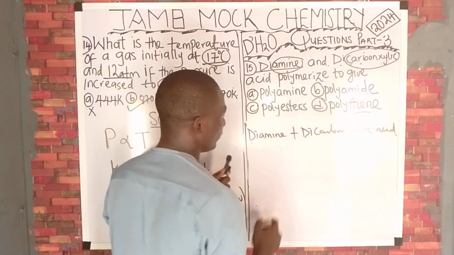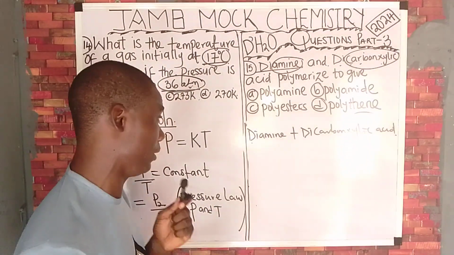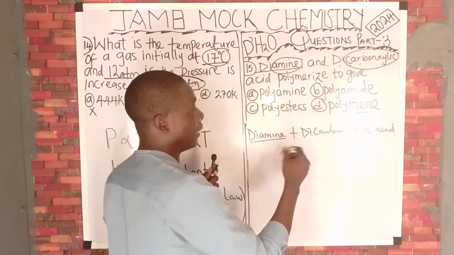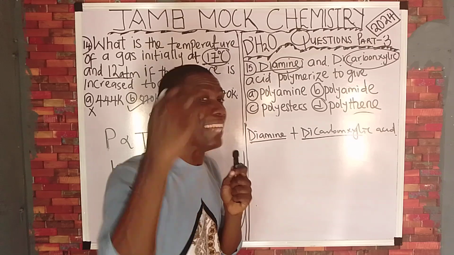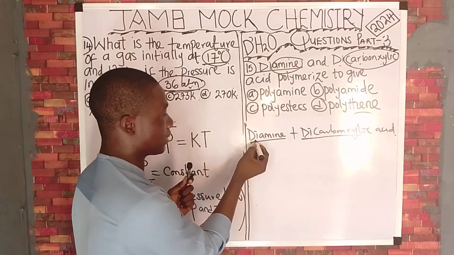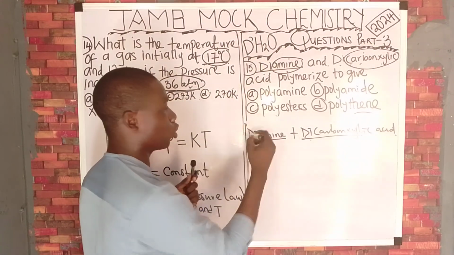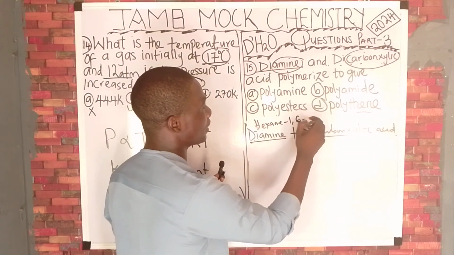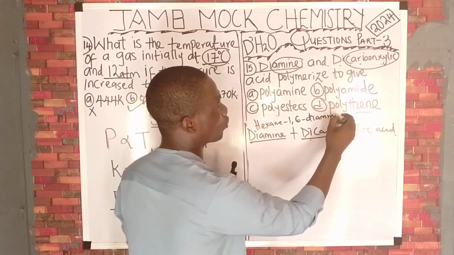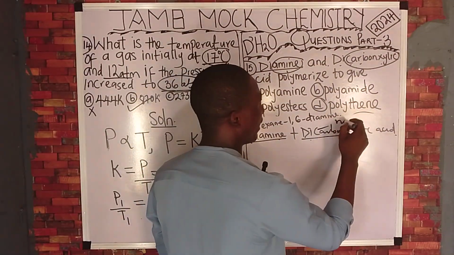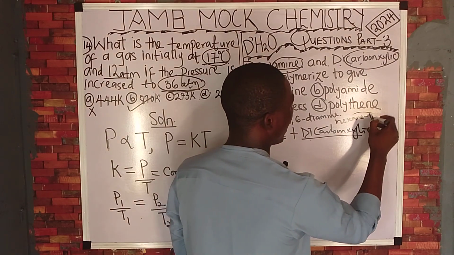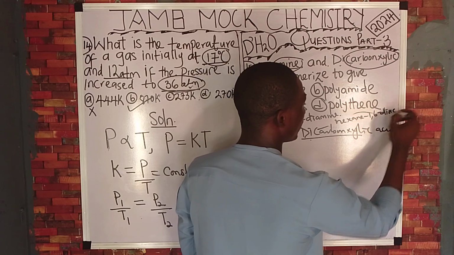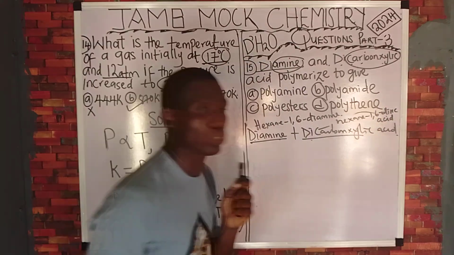When you combine hexane-1,6-diamine and hexane-1,6-dioic acid, because di means two, what we have is hexane-1,6-diamine for the diamine, and hexane-1,6-dioic acid, which is our carboxylic acid.